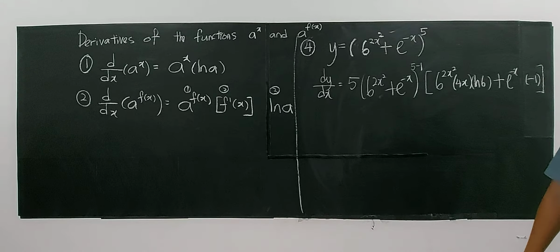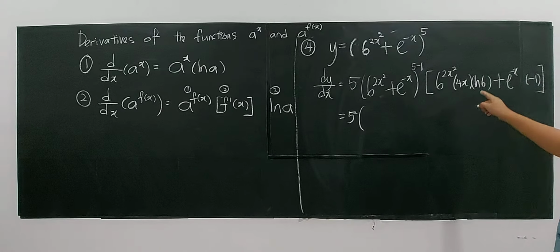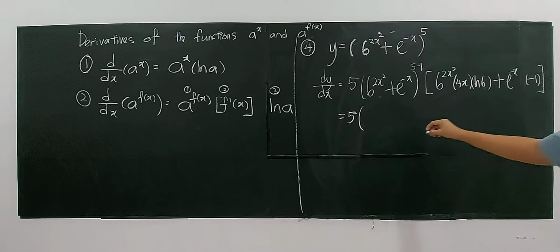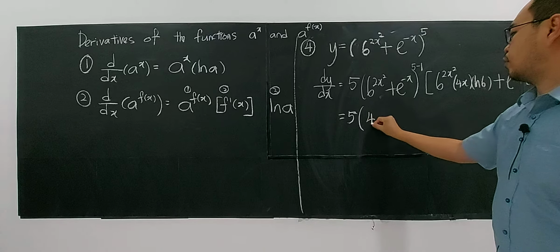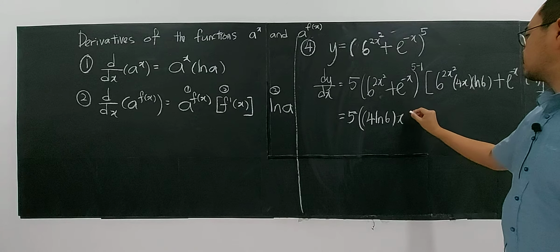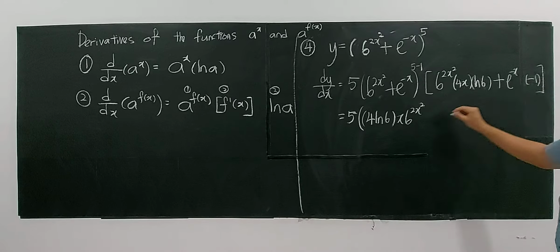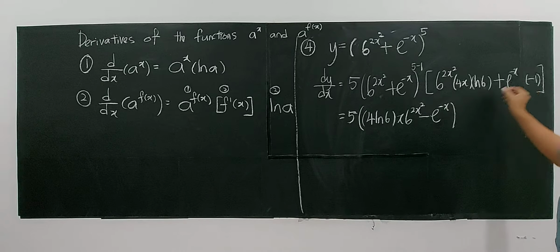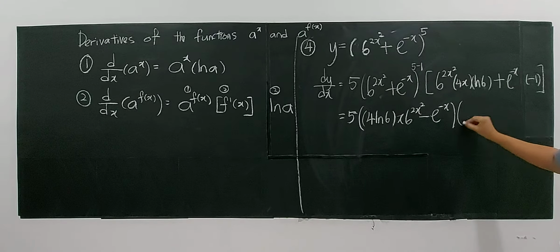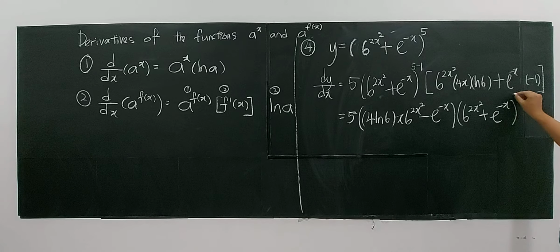So rearranging everything, you will have 5, then 4 ln 6, which is a constant, times 6 to the power of 2x, minus e to the power of negative x, and multiplied by (6 to the power of 2x plus e to the power of negative x) to the power of 4, that is 5 minus 1. So this will be your answer, where I apply the chain rule.